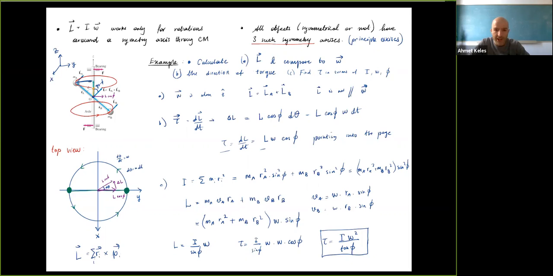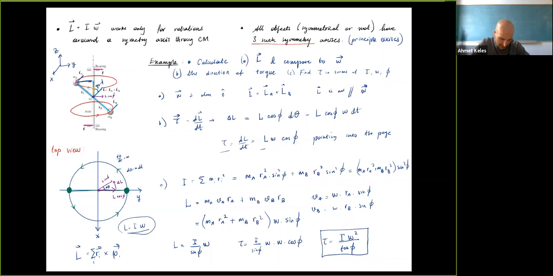So this is as general as you can get. That's always true. But things like L is equal to I omega are not always true. So do not jump into these things. Most of the time they are true and we can use them, but we have to be careful.